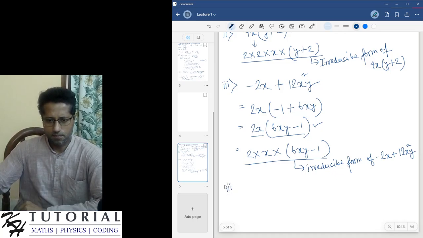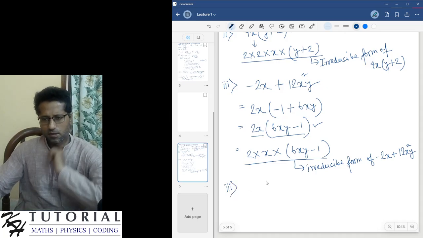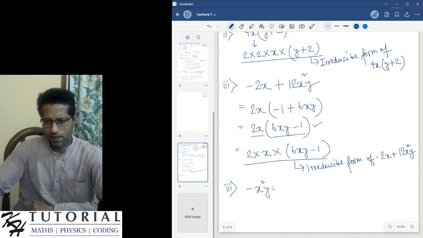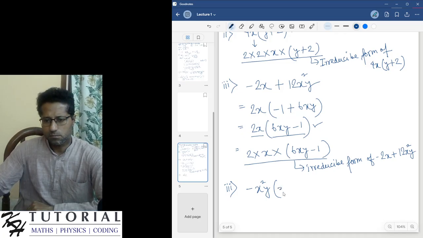Let's take another example. Let's say an algebraic expression has been factorized as minus x square y, z square minus 4.